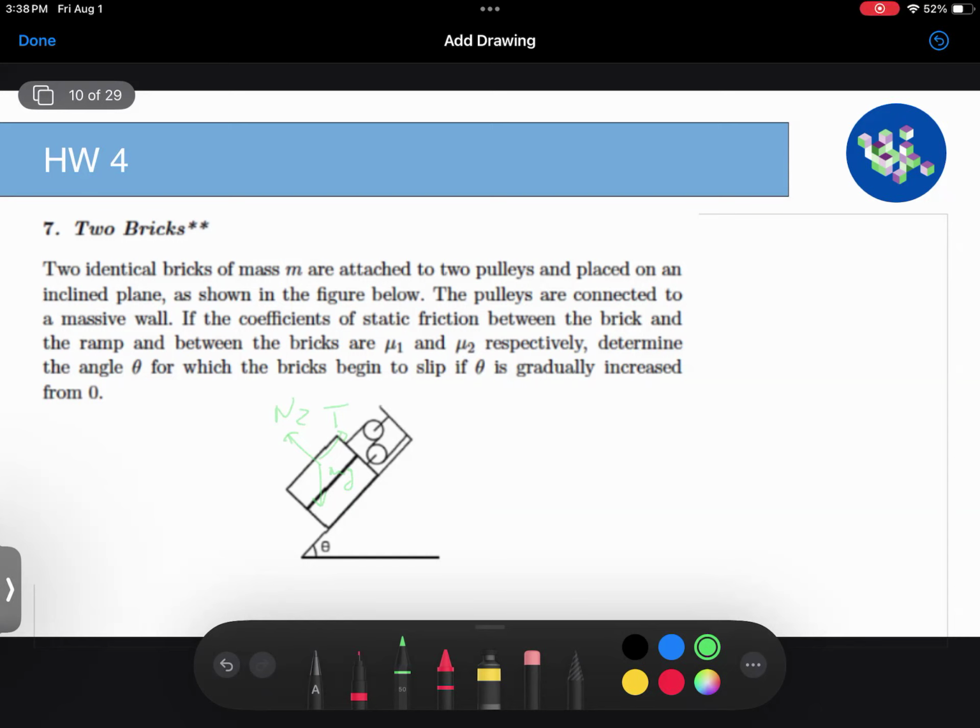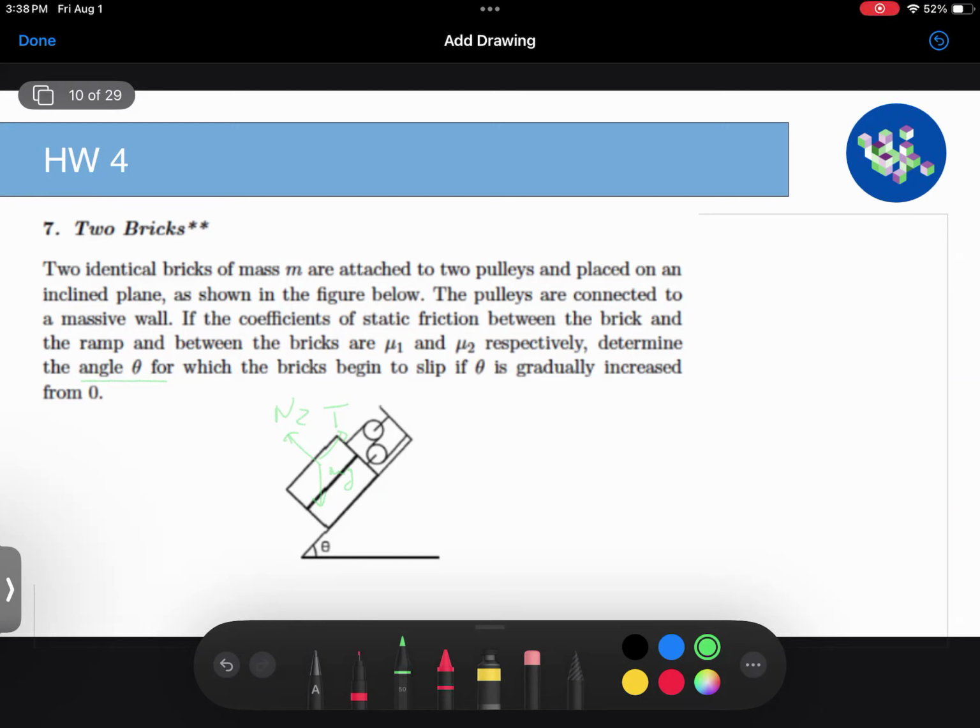Now remember, we're determining the angle theta for which the bricks begin to slip. So basically, we want to find when it will start slipping. The static friction force will always try to keep the block in static equilibrium.